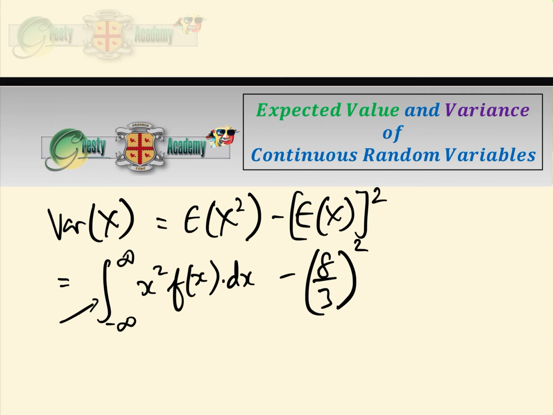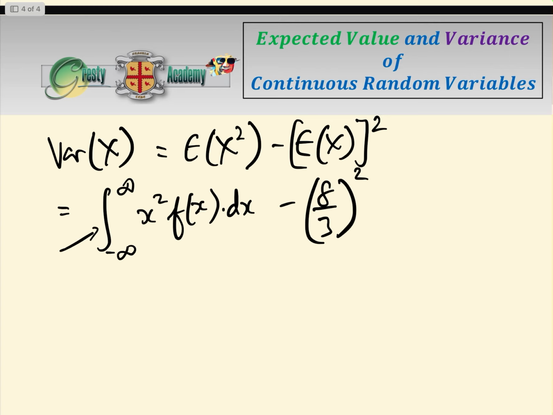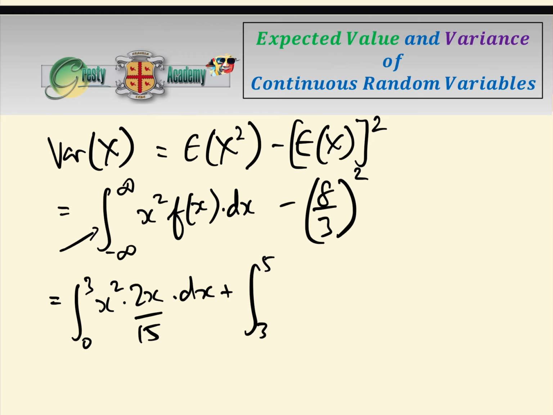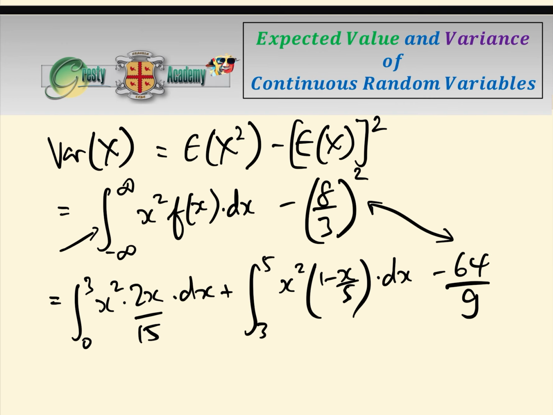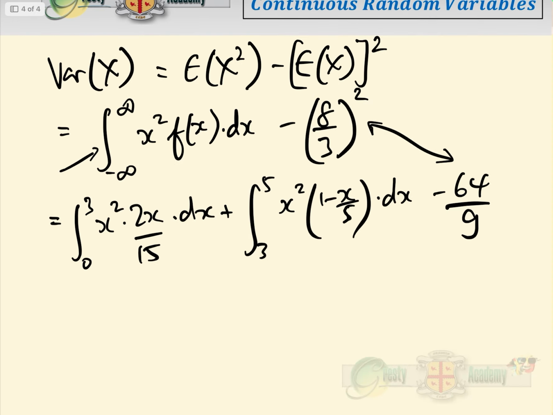Again, we're going to split this into two, exactly the same as we did for the expected value. That equals the integral between 0 and 3 of x squared times 2x/15 dx, add the integral between 3 and 5 of x squared times 1 minus x/5 dx minus 64/9, which is just the expected value squared, and that equals 2/15 x to the 4/4.